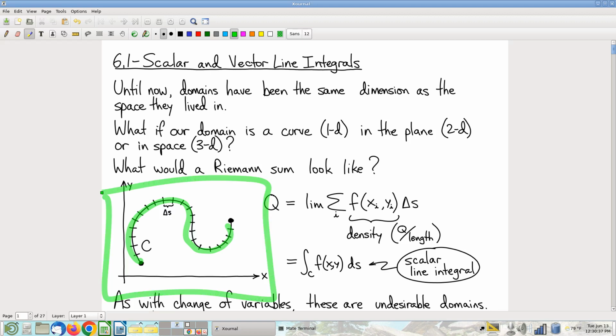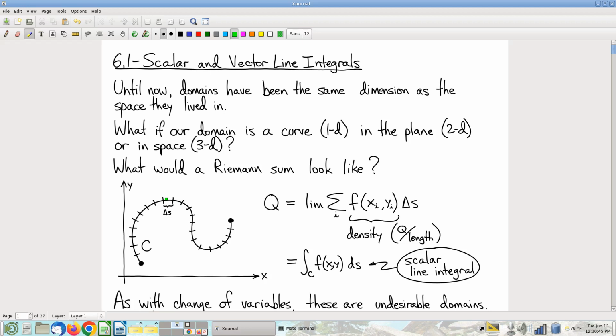So this does not fit any of our pre-existing Riemann sum constructions for accumulating stuff. So we invent a new kind of Riemann sum. It's morally equivalent to the previous. We chop up into a bunch of little pieces. On each piece, we talk about quantity per unit size times size.